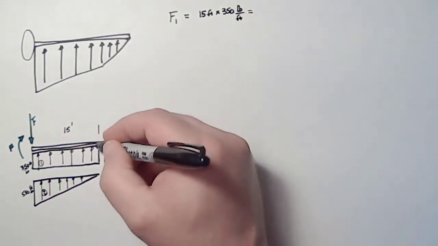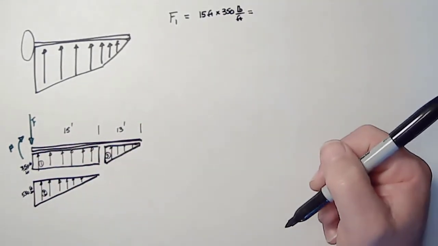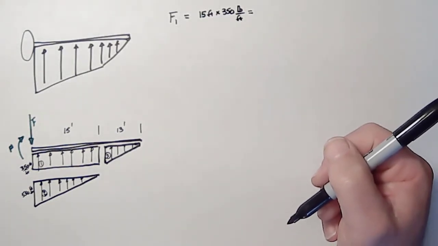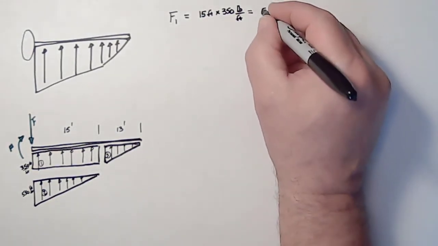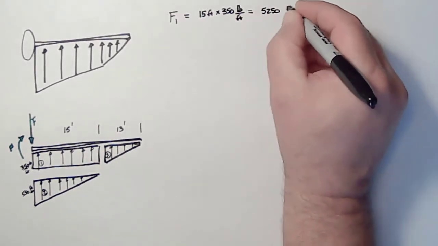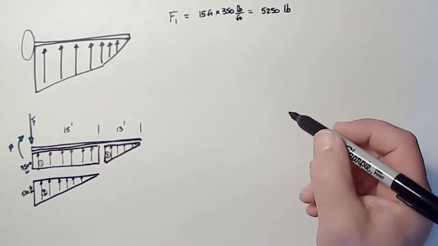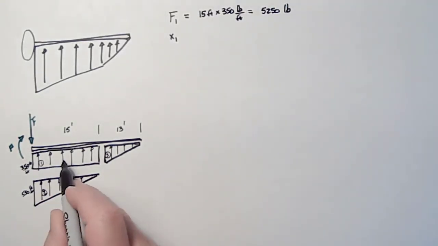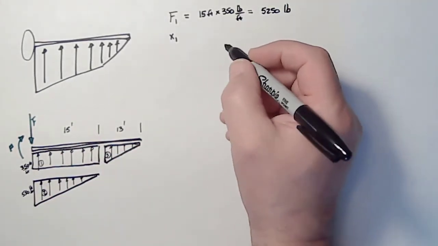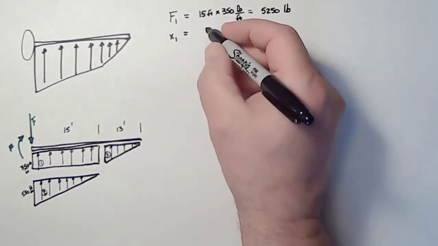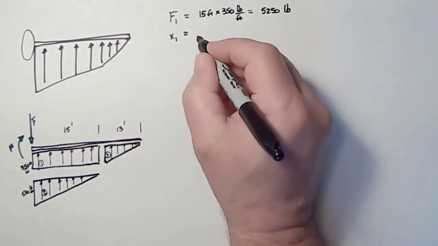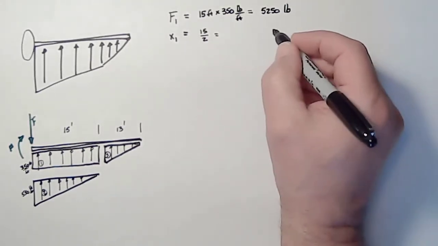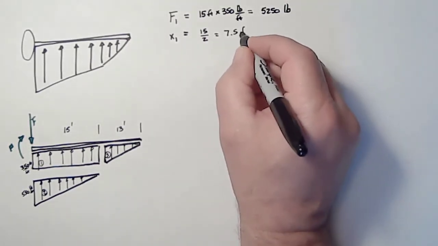This is an area of a rectangle, and 15 times 350 is 5250 pounds, and because it's a rectangle, it's located halfway along the length of that rectangle. So x1 is 15 divided by 2, or 7.5 feet.